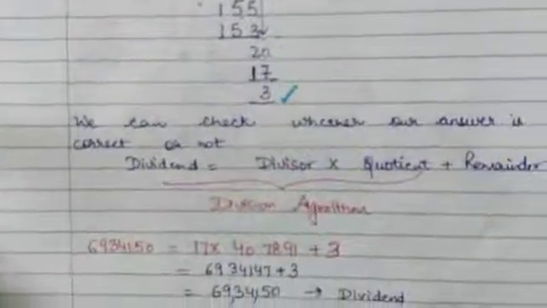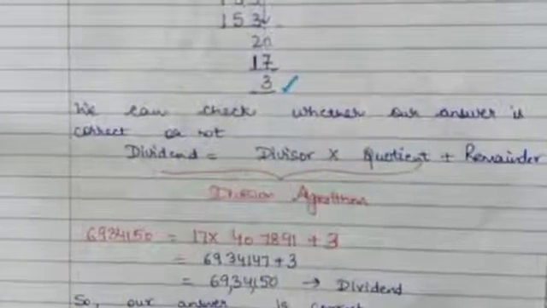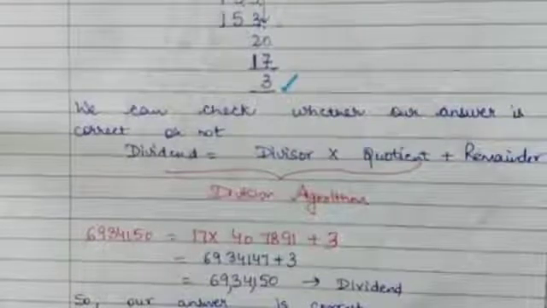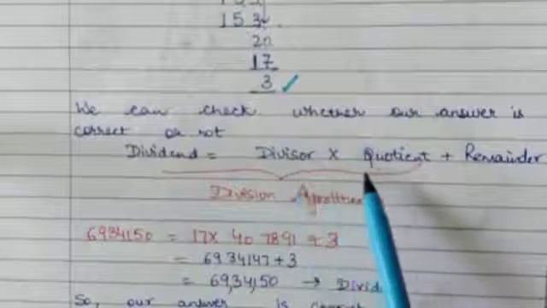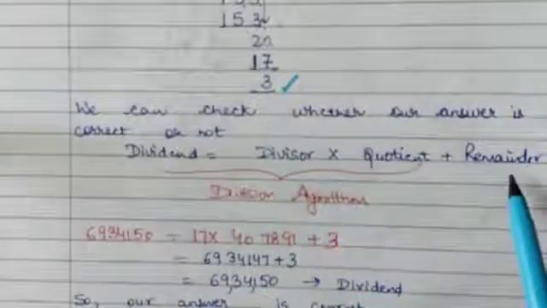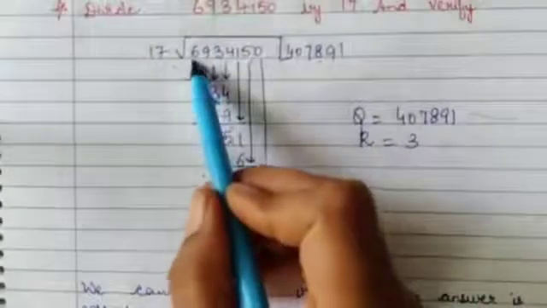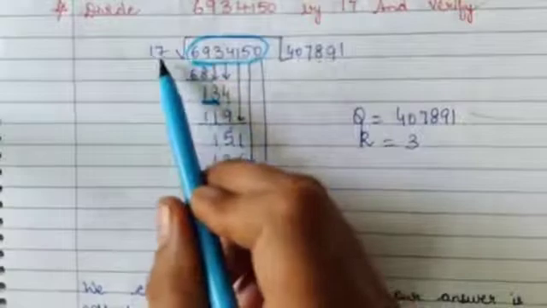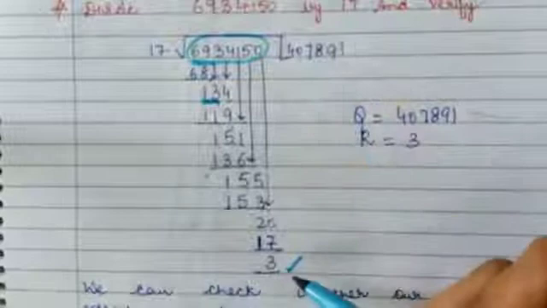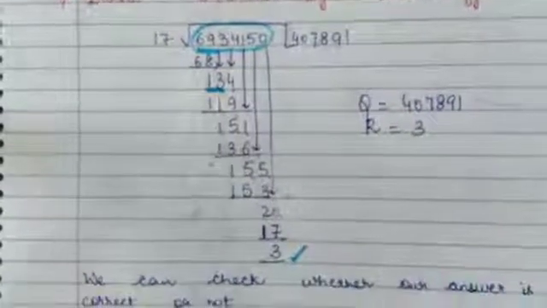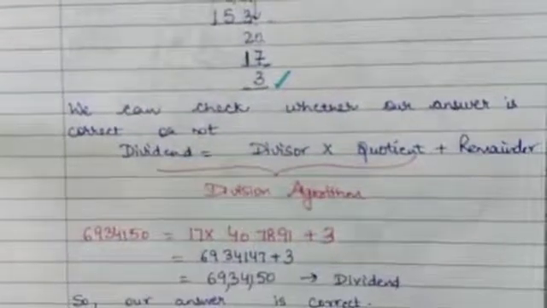Now children, we can also check whether our answer is correct or not. How? There is one particular method, and the name of the method is division algorithm, which states that the dividend is equal to divisor into quotient plus remainder. So here, this is your dividend, this is the divisor, this is the quotient, and this is your remainder. Now we will just put the values in both sides.